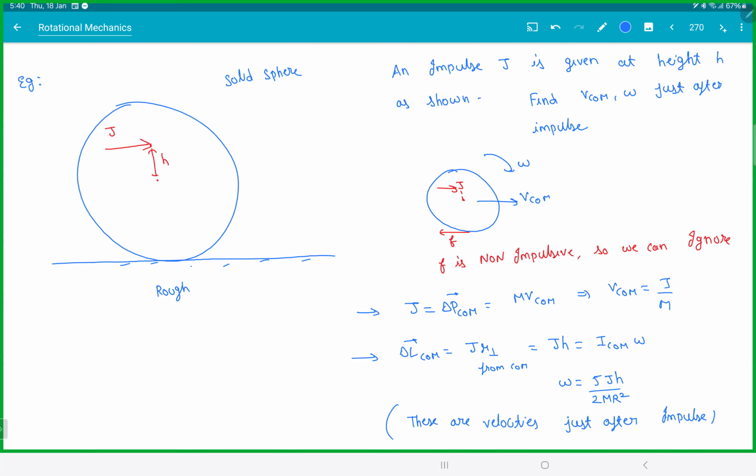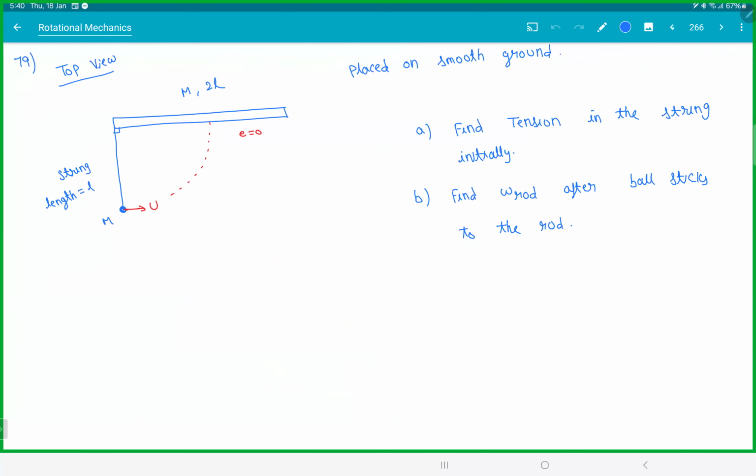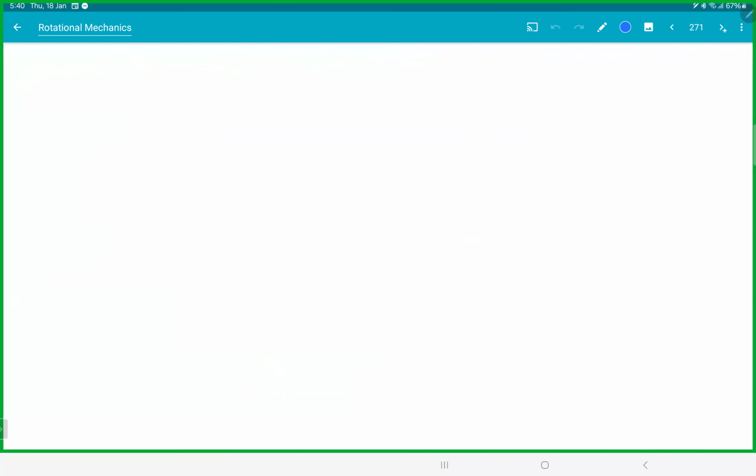Clear? Now let's see, you guys try. I'll give you one. We have a rod here, mass m, length L. This is your origin.